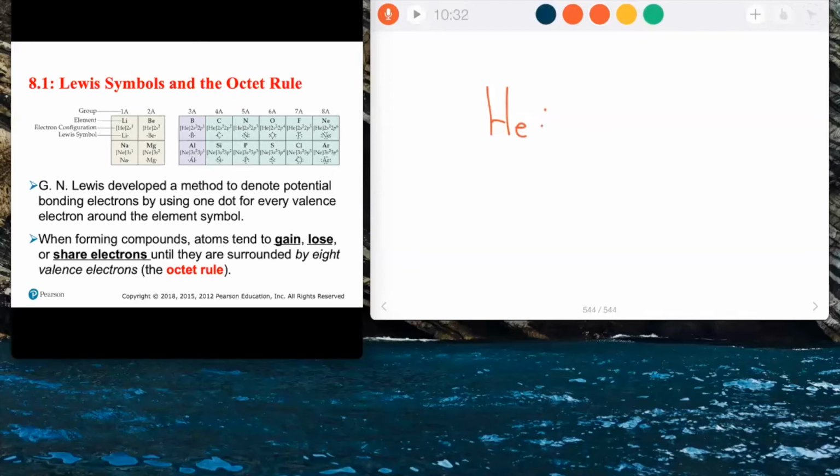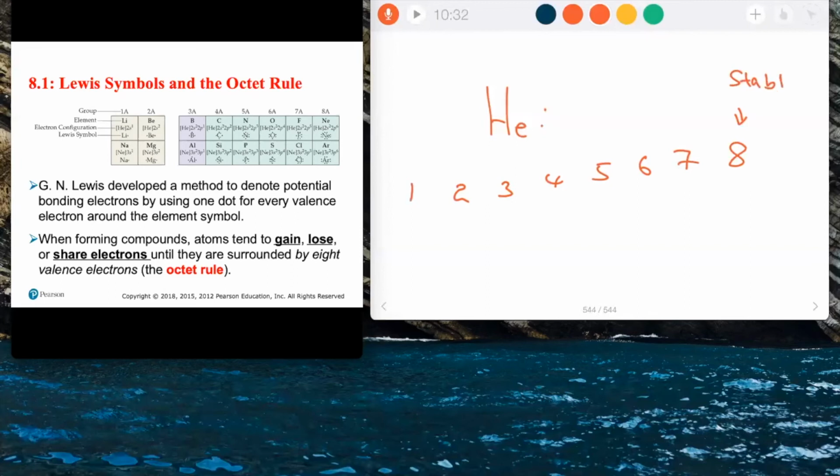valence electrons. The losing and the gaining here, let me explain what determines which element will lose and which element will gain. If you think about 1, 2, 3, 4, 5, 6, 7, and 8 here, group 1A, these are stable, all right?